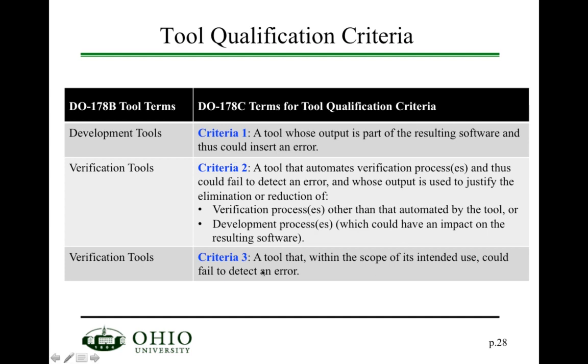Then criteria 3 is a tool that, within the scope of its intended use, could fail to detect an error. So basically we took these 2 different tools and broke them down into 3 different criteria.